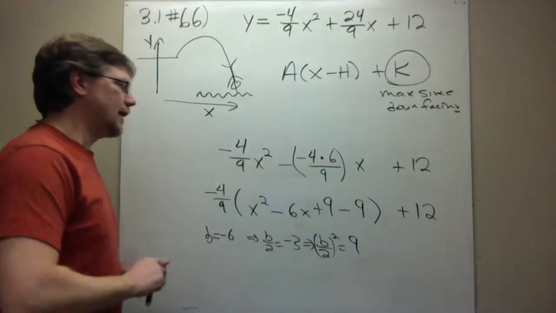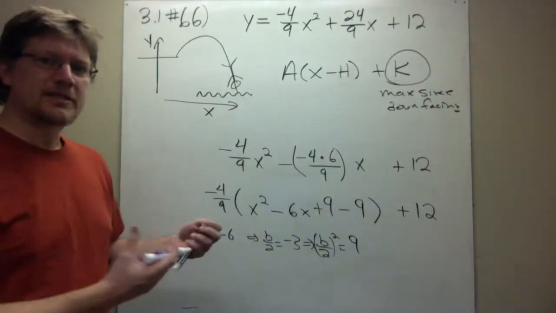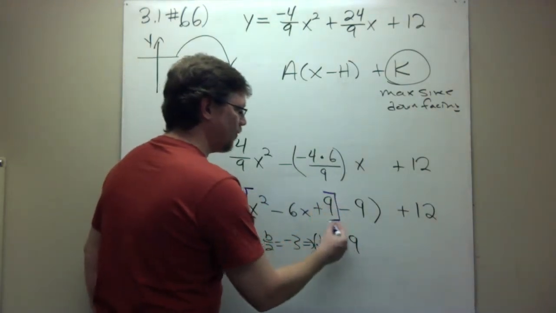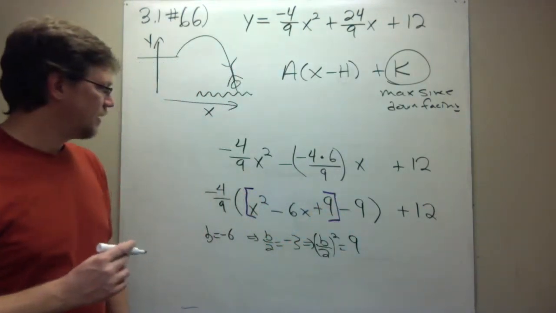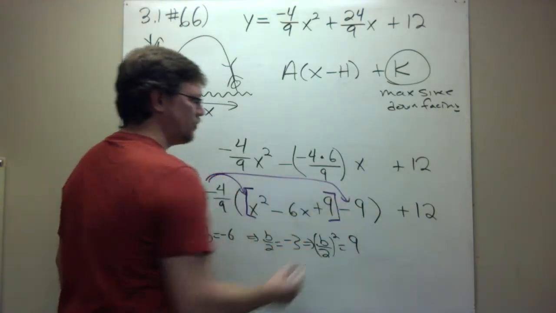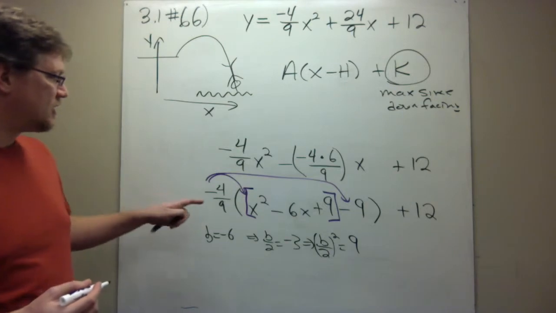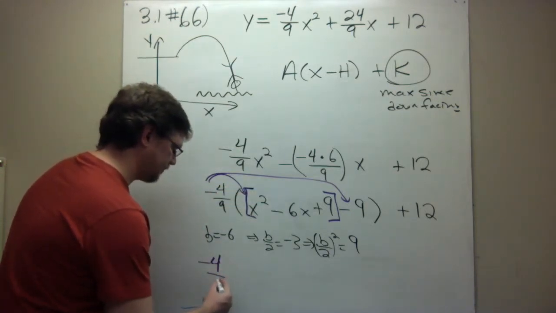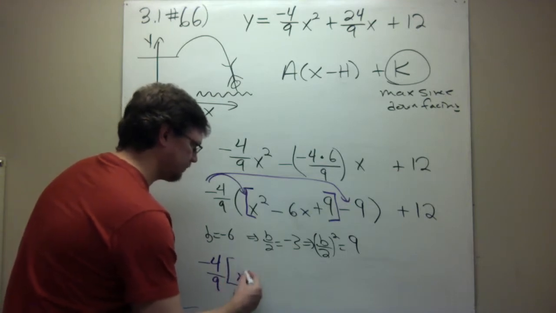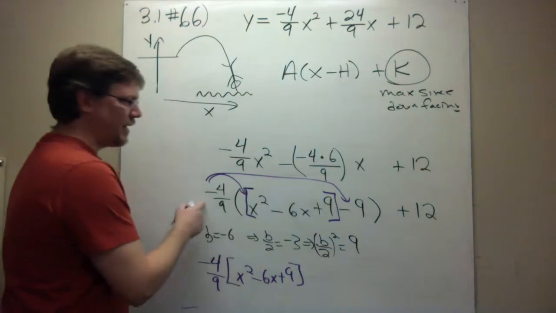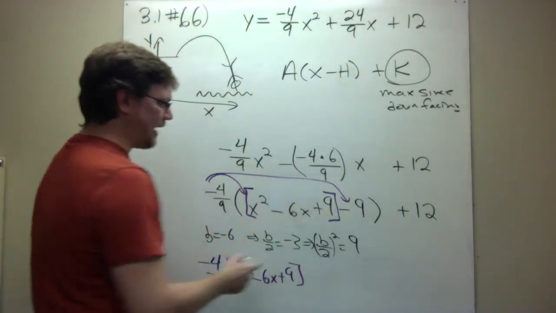Okay? All right. So again, I want to treat this as 2 separate chunks in here. I have my square that I want to keep. I'm going to have my minus 4/9 that I'm going to distribute to the pieces like that. So I'm going to get minus 4/9 times my perfect square, minus 4/9 times a negative 9.